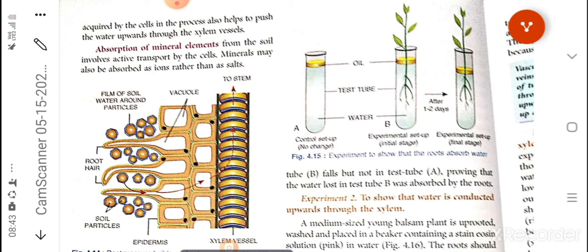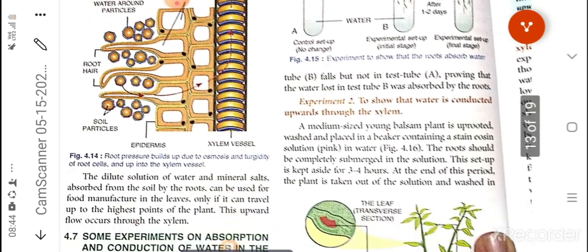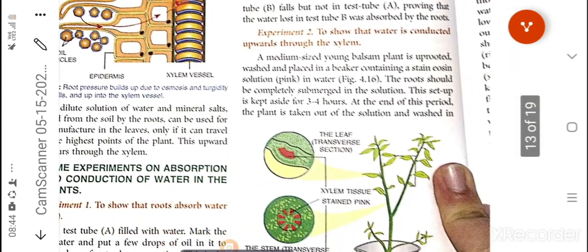After 2 or 3 hours, or after 1 day, we can observe that in test tube B the water level has decreased. Why? Because the root absorbs water. From this experiment we can conclude that it is by the roots only that water is absorbed.